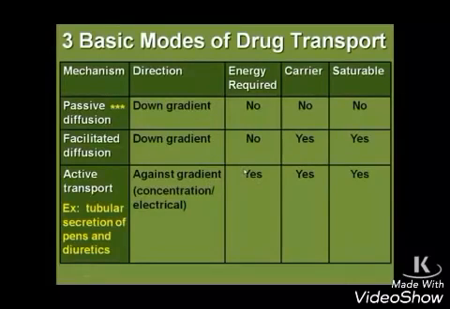It does require energy. It does utilize a carrier, and that system is definitely saturable. I'm going to do a little tie-in here, which shows you that any system which utilizes a carrier is saturable. Systems that utilize a carrier can be saturated, so facilitated diffusion and active transport.